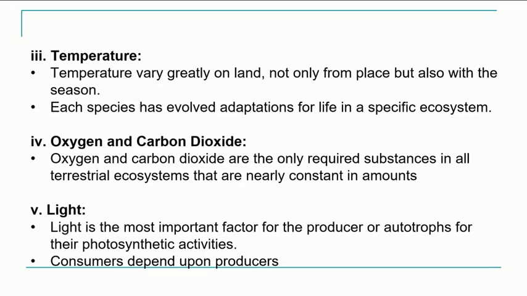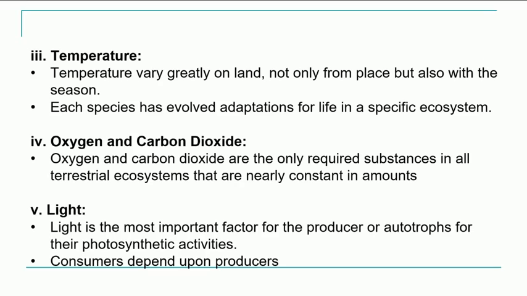Different gases are also abiotic components. Oxygen and carbon dioxide are very important, because oxygen is required for the respiration of living organisms and carbon dioxide is required for photosynthesis, by which producers, that is plants, produce their food in the form of glucose.